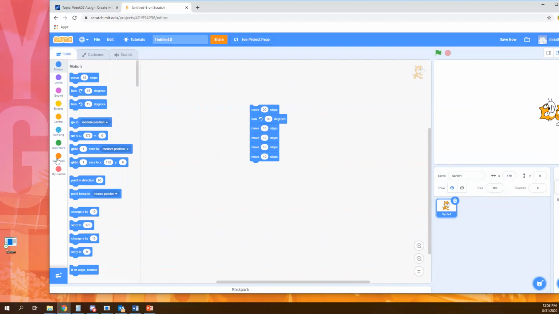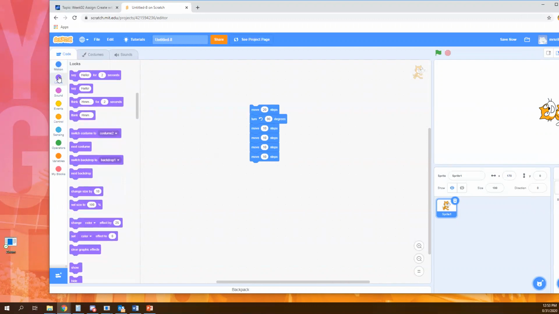Let's look at some of these other things over here, these other tools, our code tools. The purple stands for looks. So let's see, I could have him say hello for 20 seconds maybe. Now if I click on this, he's going to say hello finally when he's done.